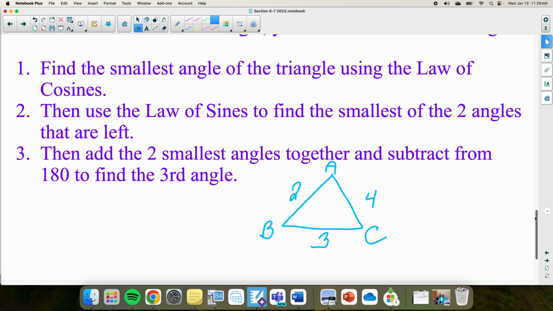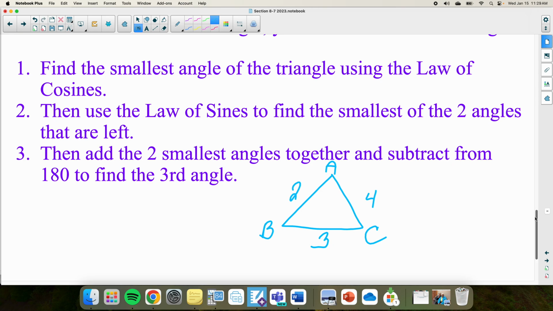Now every once in a while, if somebody tried to go against my rules and just find one angle and then the other and then figure it out, every once in a while you would get it right. But there are times when you have an obtuse angle that you would get those all wrong. So it's best to follow these rules every single time and then you'll never get any wrong, okay?